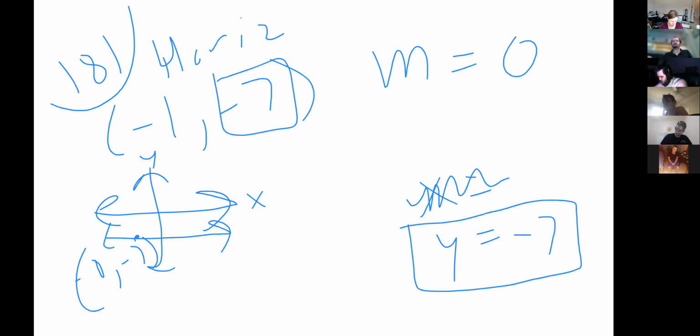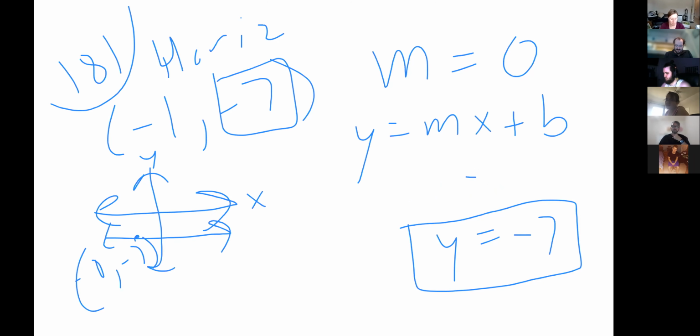But teacher, I have a question: how can we write it as an equation? Y equals minus 7 should be the equation. So maybe you're looking for things to be in mx plus b form. And technically, that is that form.